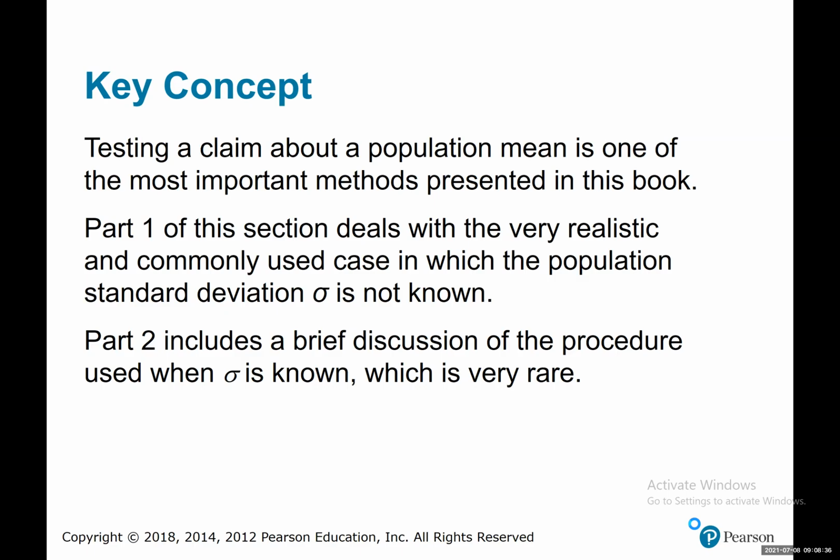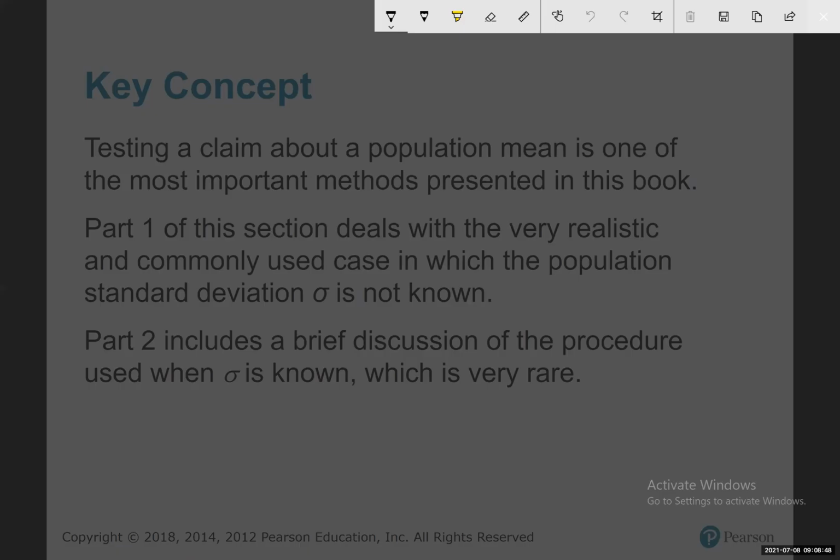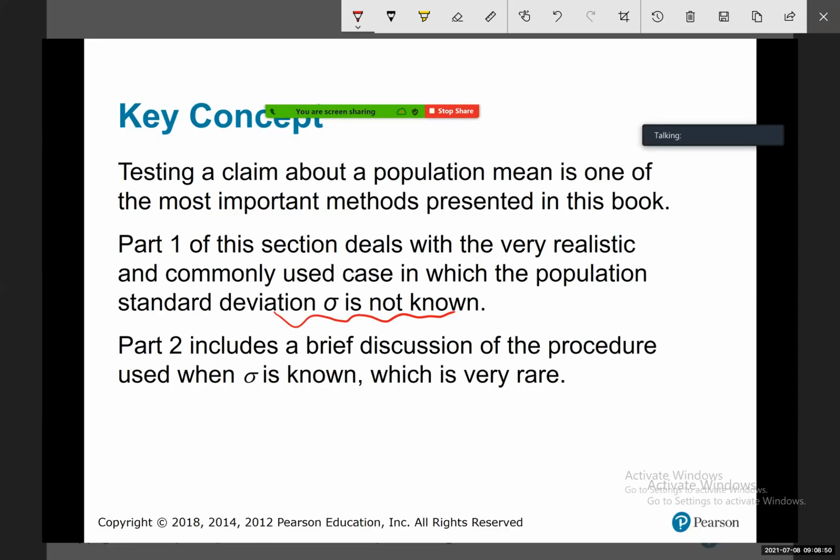Realistically, you probably don't know the population standard deviation. That's when sigma is unknown. Then there is another part that is used very rarely, when sigma is known, when you know the standard deviation for the population.